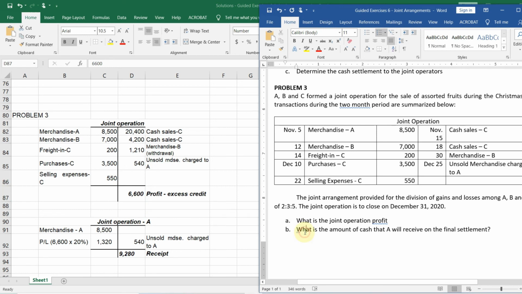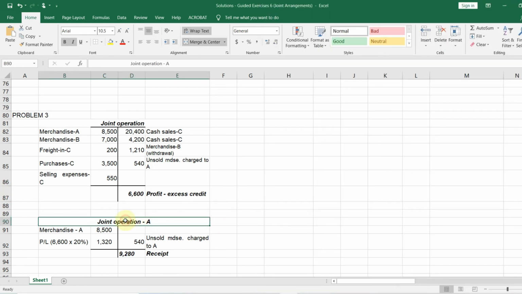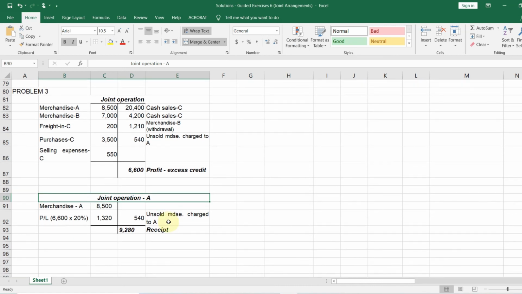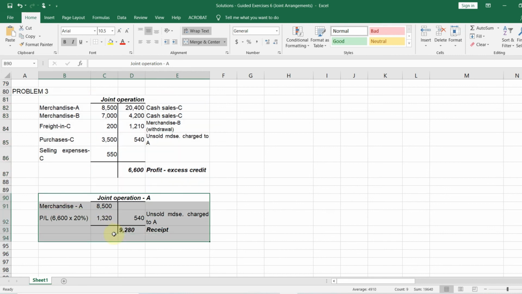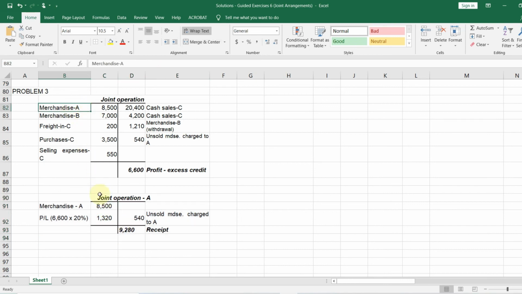Then next we have, what is the amount of cash that A will receive on the final settlement? So let's look at the account of A, okay? So, si account ni A, hindi na natin kailangan imagine si payable to A, kasi meron ka na naman ditong T account ni joint operation. Yun na lang din, hugutin mo na lang doon ang related kay A. Okay, so you have merchandise ni A na 8,500. Okay, and then on the other side, the credit side, you'll see the unsold merchandise charge to A. Okay, kanya yon.